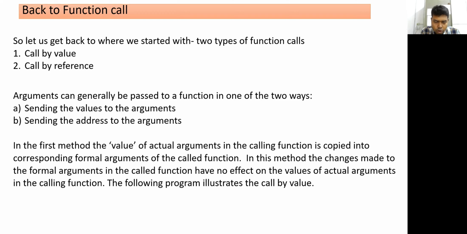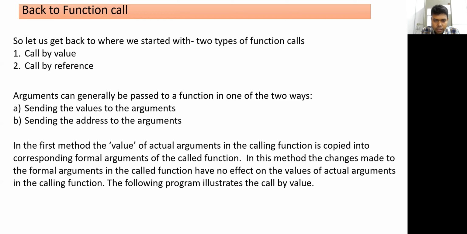Means the called function will operate on the value which it finds on that particular address, and according to its program's logic, it will process that particular value, and a new value will be generated. That value will be stored in that particular memory location.